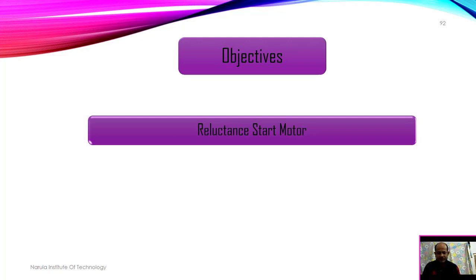One is the unshaded part and the other is the shaded part with a copper band. With this arrangement in the pole we produced two different fluxes.